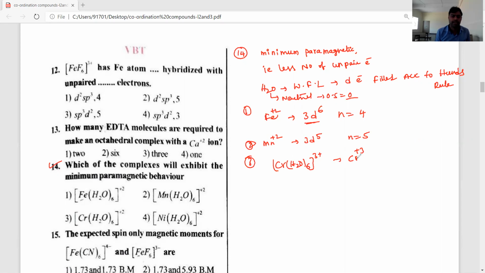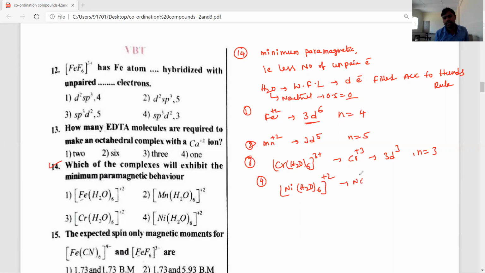Chromium electronic configuration is argon 3d5 4s1, so total 6 electrons. Out of 6, 3 are removed, which means 3d3, then n is equal to 3. Next, [Ni(H2O)6]2+.